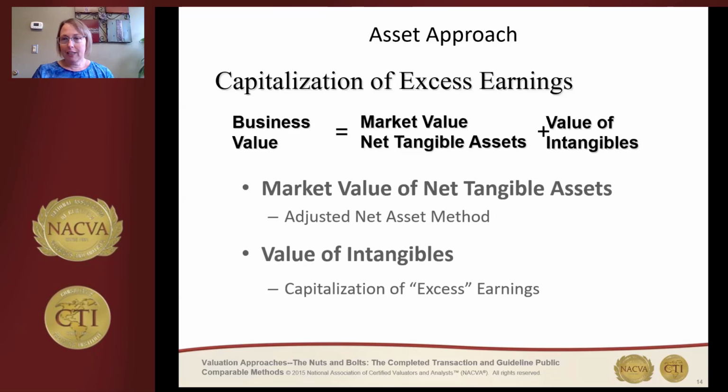So for capitalization of excess earnings, our formula is that business value is the market value of the net tangible assets plus the value of the intangibles. And here we have to determine how we're determining the intangibles. Market value of net tangible assets, we just did that. That's the adjusted net asset method. But then the value of the intangibles comes from capitalization of excess earnings.